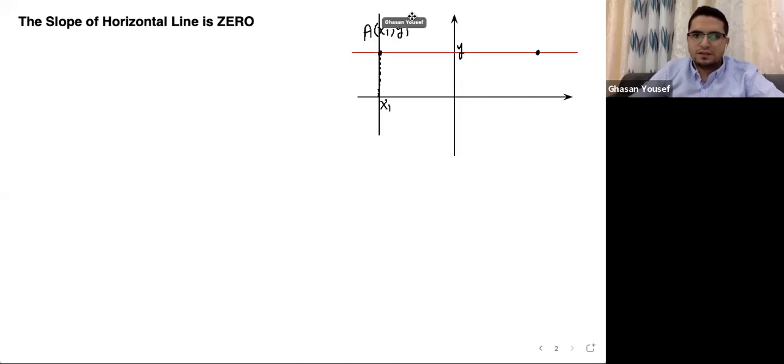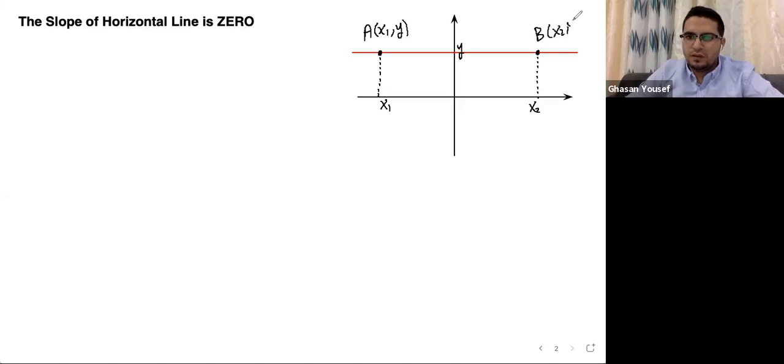And the same idea for this point: this is my x2, and the same y. So the second point is B of x2, comma y.